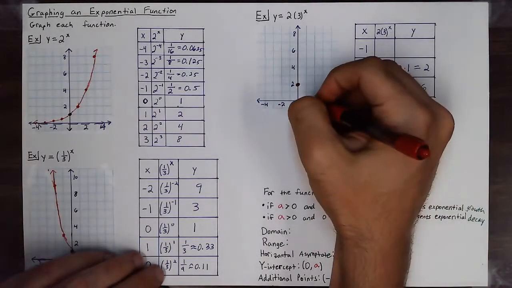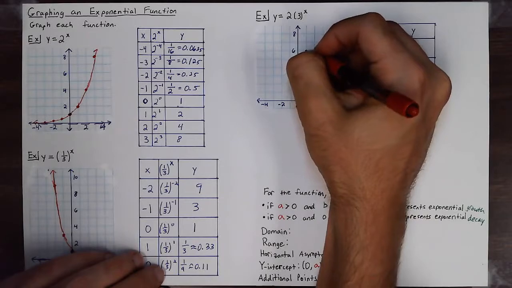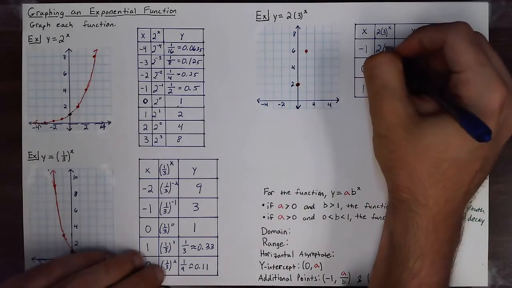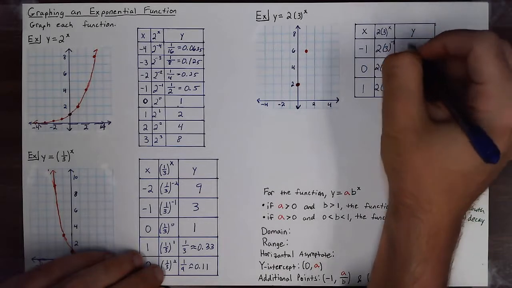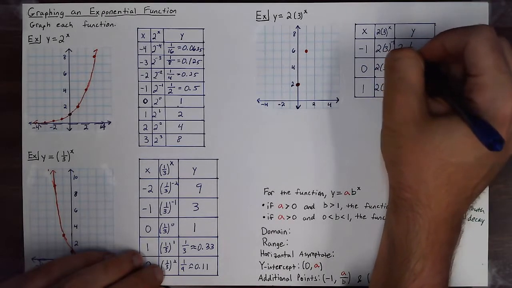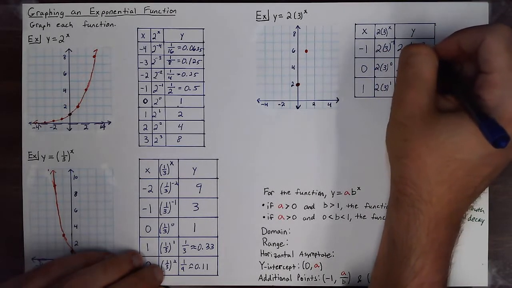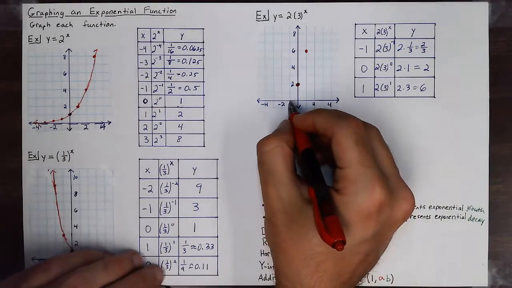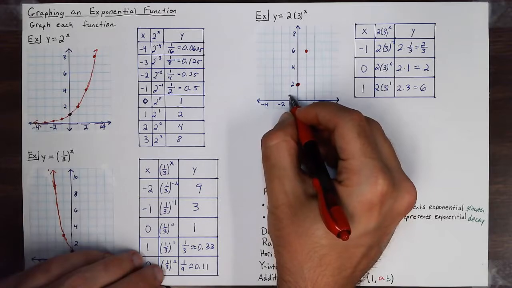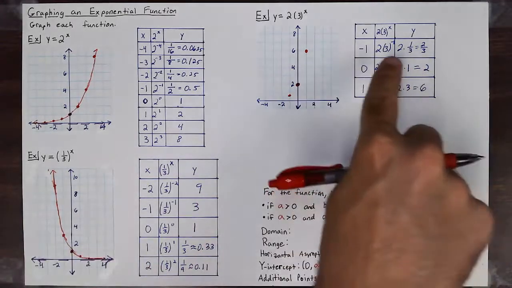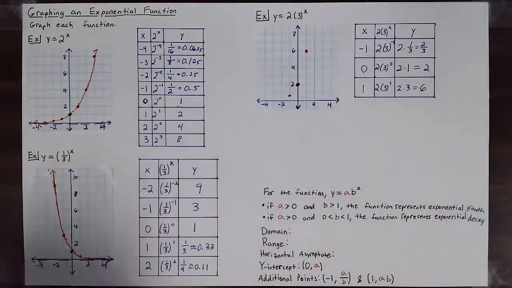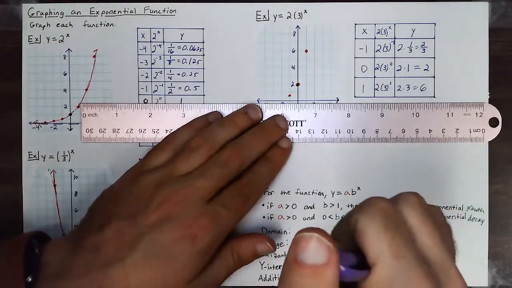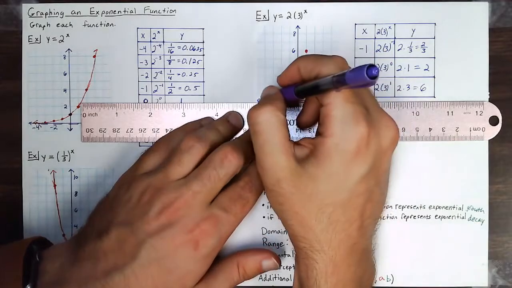So at 1, it goes up to 6. And then 2 times 3 to the -1 gives me 2 times 1/3, which is 2/3, which is about 0.67. So -1 is about 0.67. You're going to notice that it should still act like it's flattening out against the x-axis again, if I were to keep picking more negative values for x.